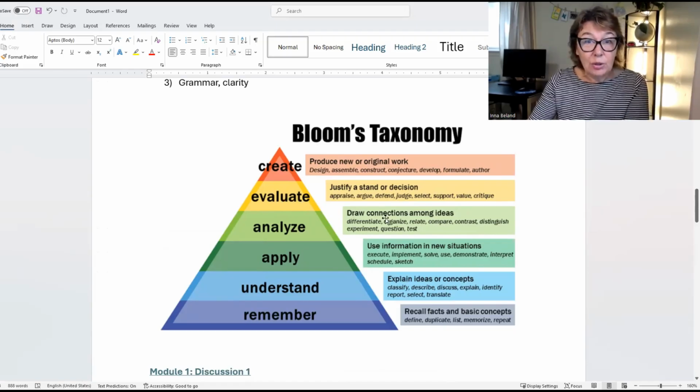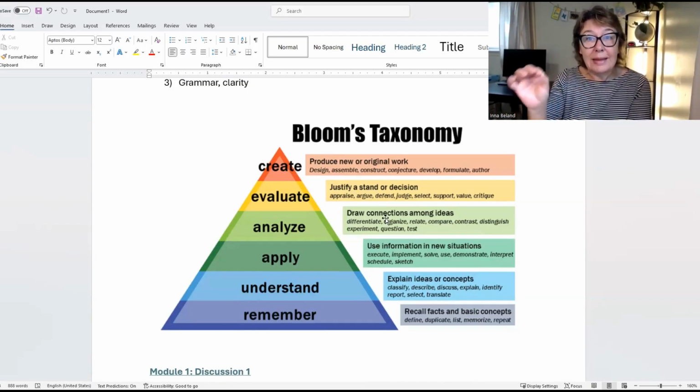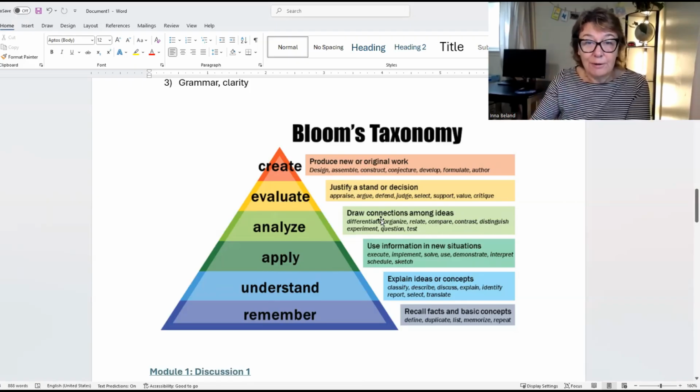When I ask you to analyze the case study, I want you to make connections among different concepts discussed in the case study. And so we reach this level of the critical thinking pyramid of Bloom's taxonomy: analysis.